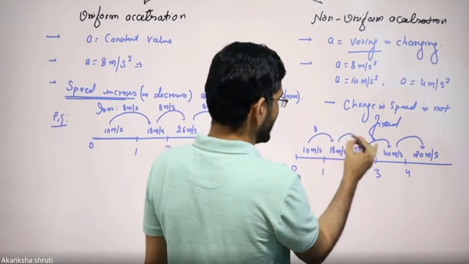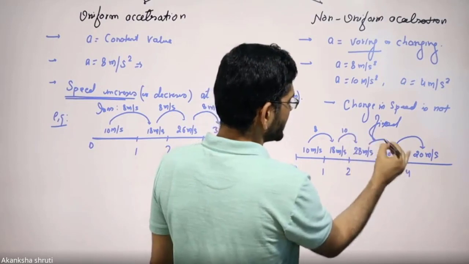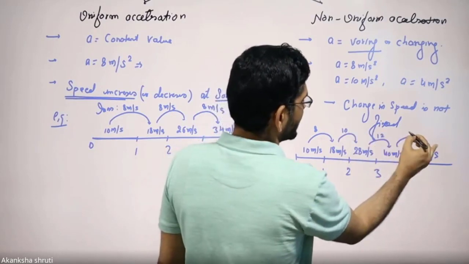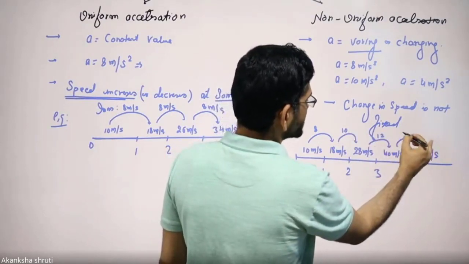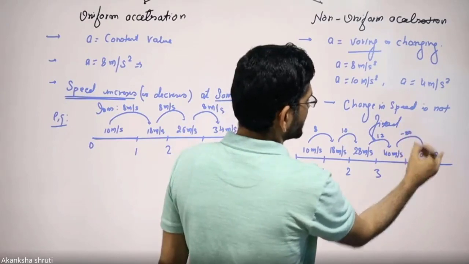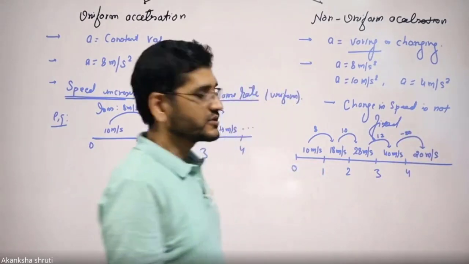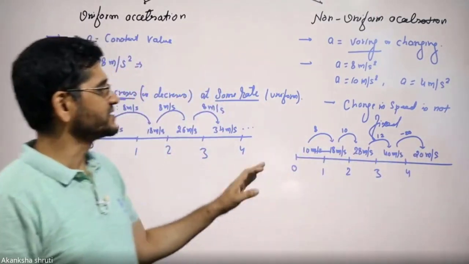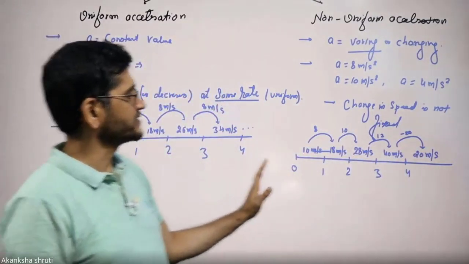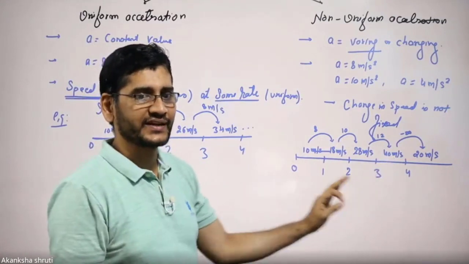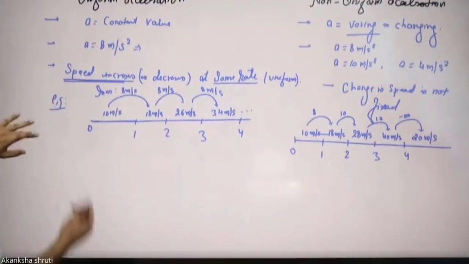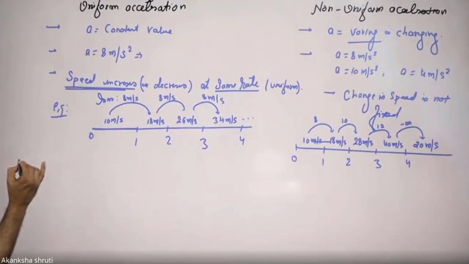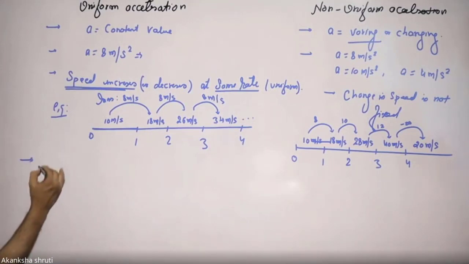Like here it is 8, here it is 10, here it is 12, here again it is minus 20, means decrease. Correct? So if the increase or decrease in speed is different, then it is non-uniformly accelerated motion. So student, write the definition of uniformly accelerated motion.